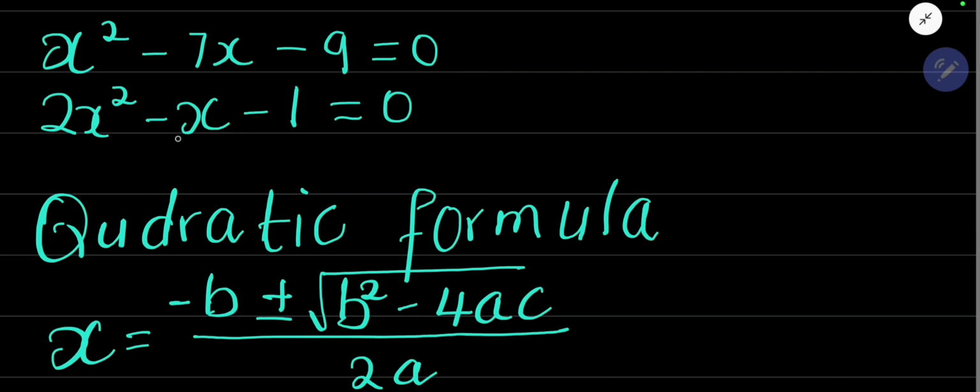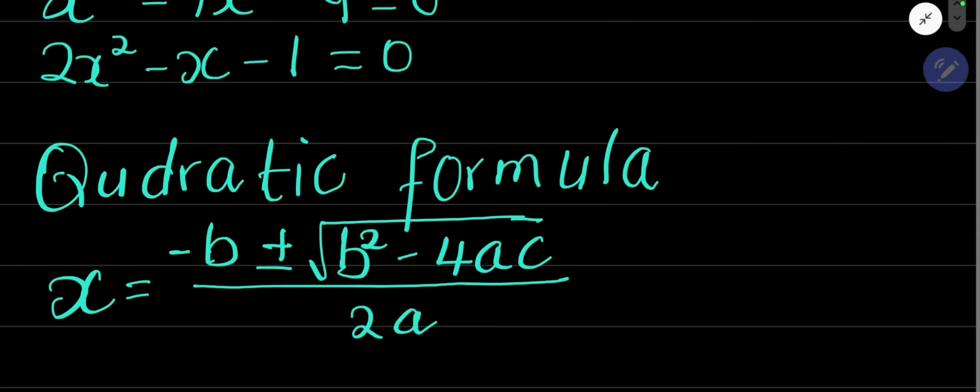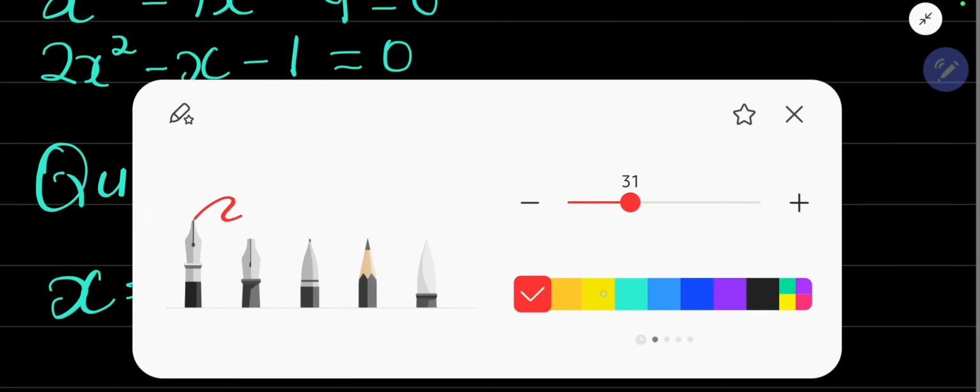Unlike the trial and error method, which can consume your time while you are busy trying. Now I guess you are curious about how this thing works: what's happening here with the plus or minus, and the b's, the a and the c. I will show you how it works.